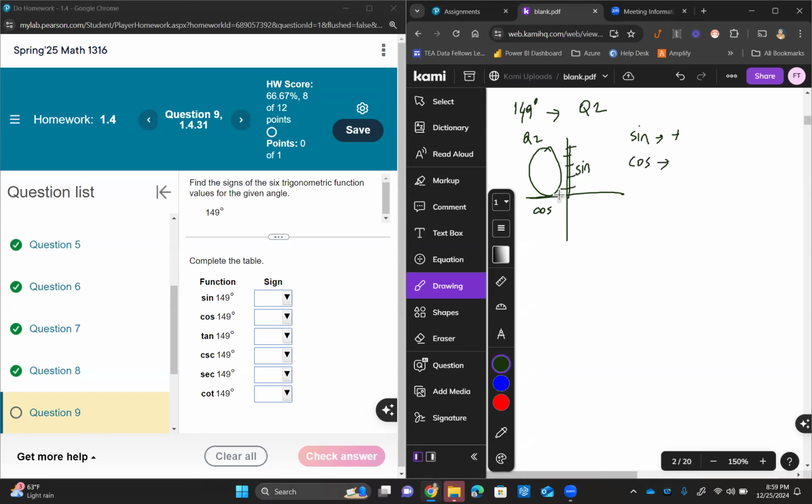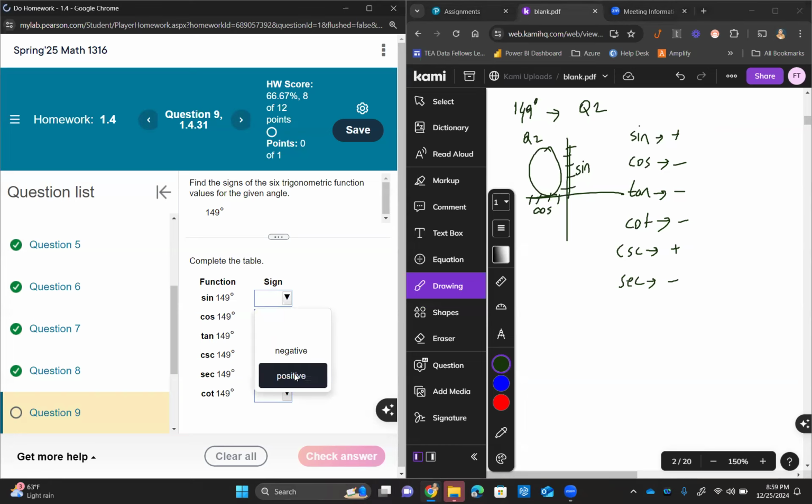However, cosine will be a negative number. That makes tangent to be a negative number because tangent is sine over cosine. Cotangent is going to always have the same sign as tangent. And cosecant is going to have the same sign as sine, and secant is going to always have the same sign as cosine.